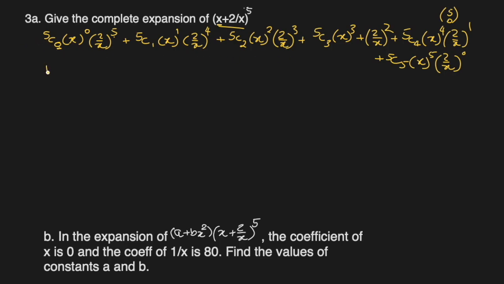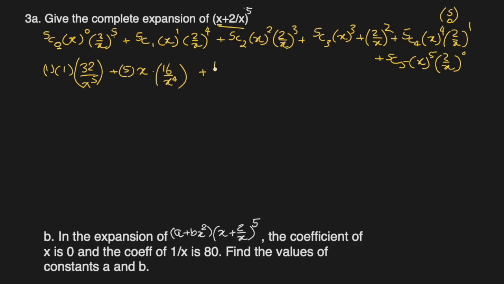5c0 is 1, x to the power 0 is also 1, and 2 to the power 5 is 32 over x to the power 5. I expanded this bracket as well. 5c1 is 5, then x is x, and then we have 2 to the power 4 is 16 over x to the power 4.